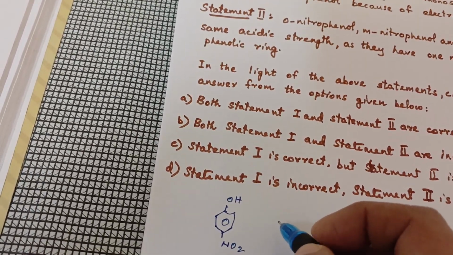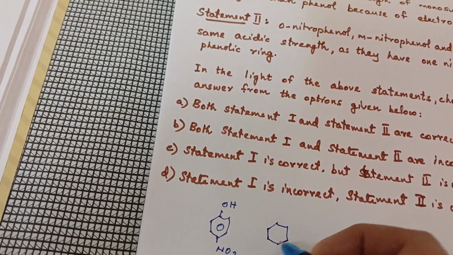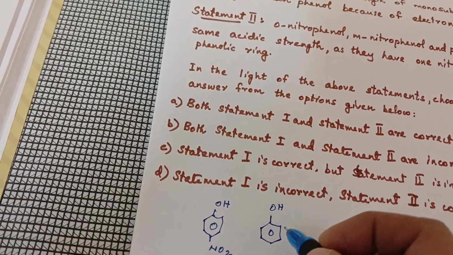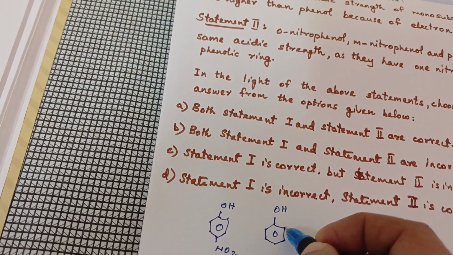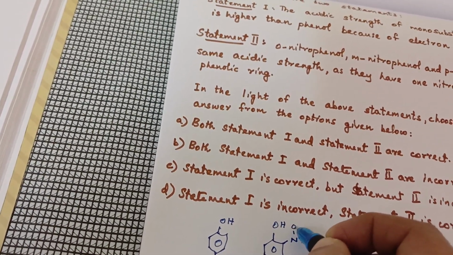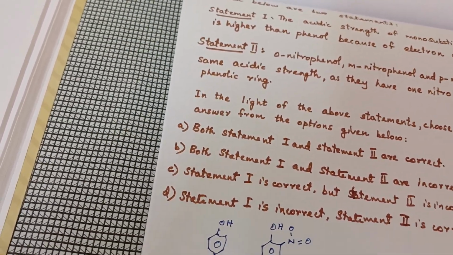Whereas in the case of orthonitrophenol, let us look at it. Here you have OH, ortho position, you have NO2, and ortho.